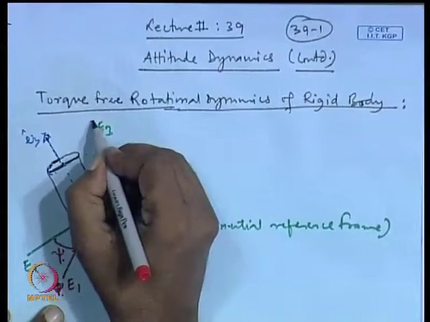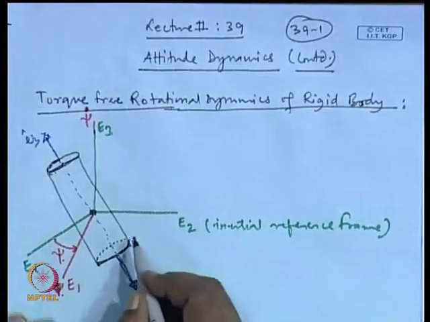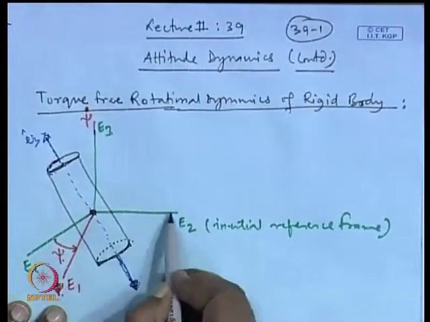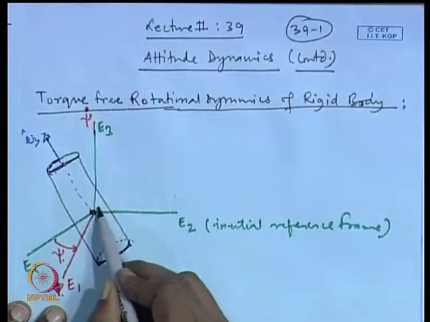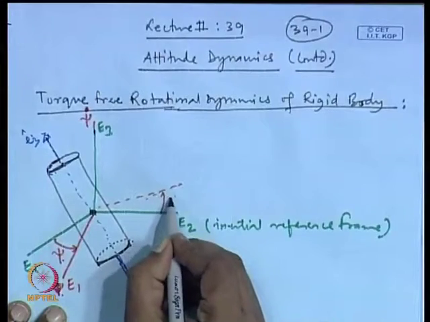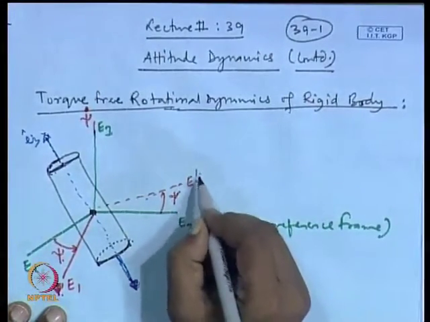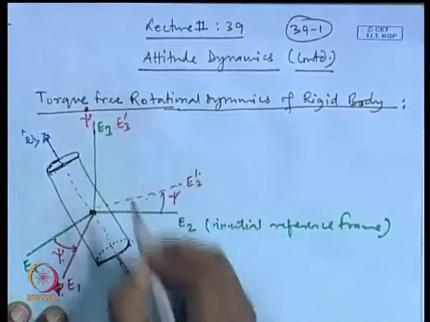So, psi dot is in this direction, and this also rotates from this place to this place. We can show this by a dotted line; this is the angle psi, this is your E2 prime, and E3 prime is here in this place itself.